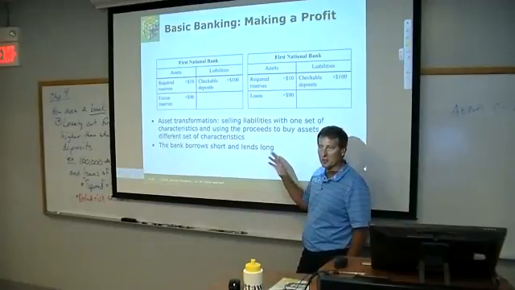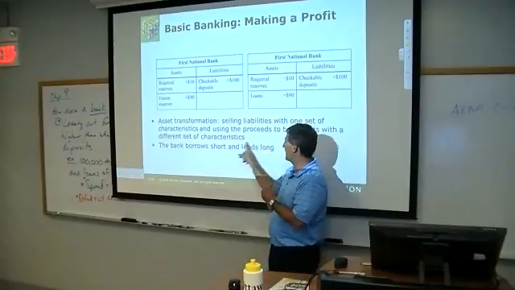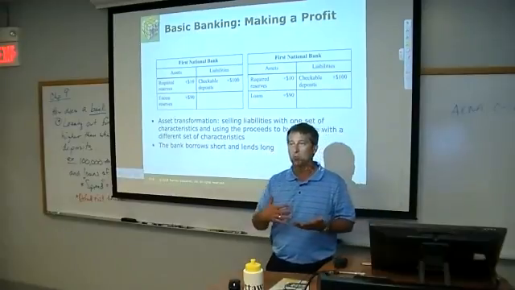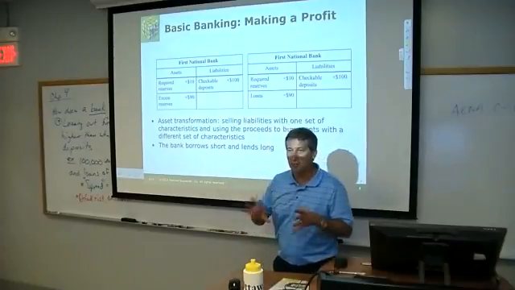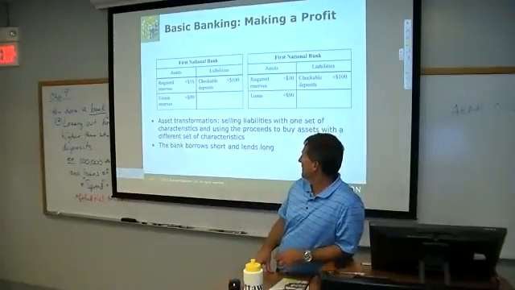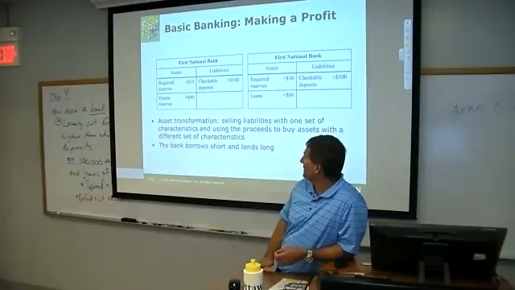So they're always lending out money at a longer term than what they're borrowing with the deposits, because it's not even really borrowing in a sense, with that liability being the deposit. Okay, good. Any questions, comments there?